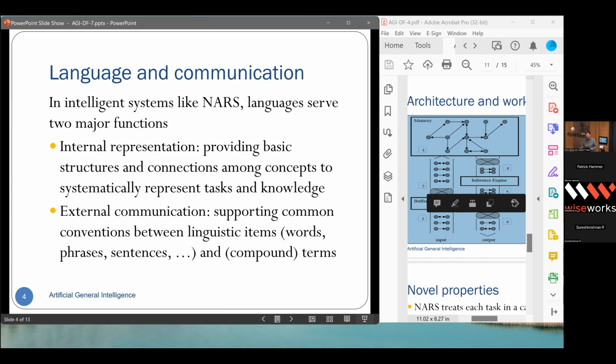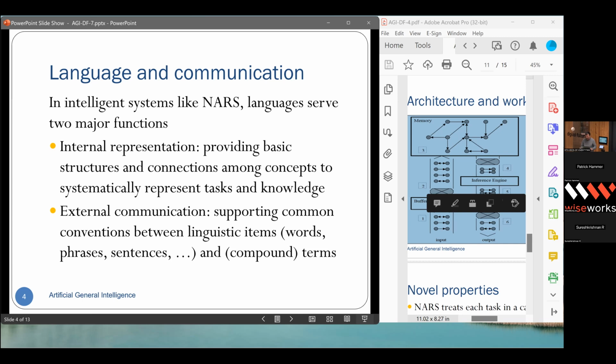Another usage is communication. And Narsese, you see, can also be used for communication, but these two usages are still slightly different, which we are not going to go into in detail. But the other languages, like human language, computer language, and so on, are basically used for communication only. They will not be directly used to represent knowledge within the system. So keep this in mind, and this difference is important.